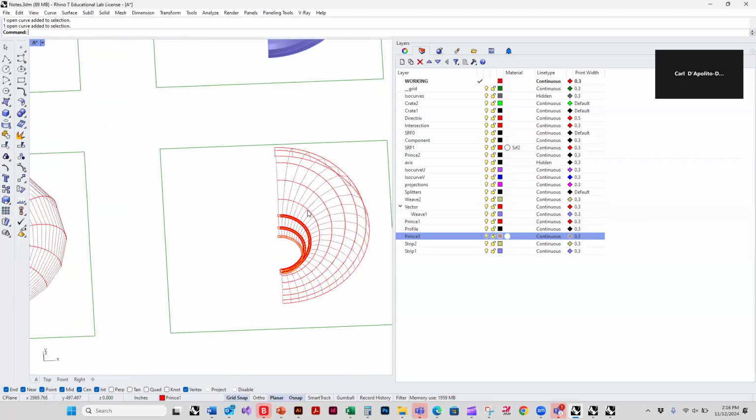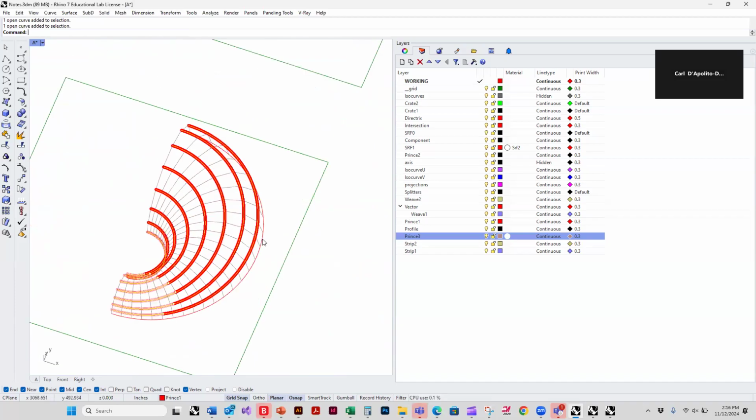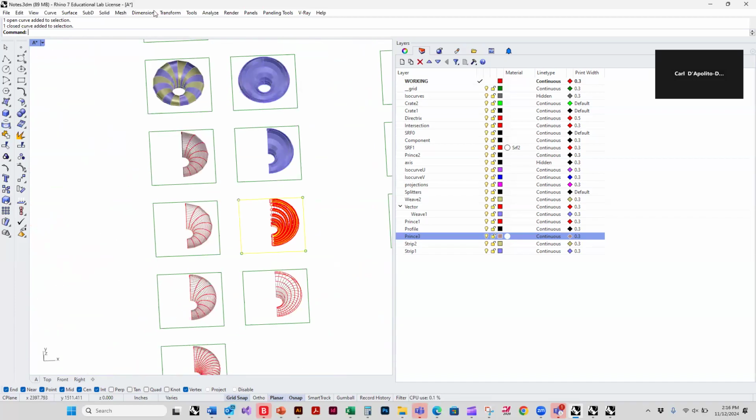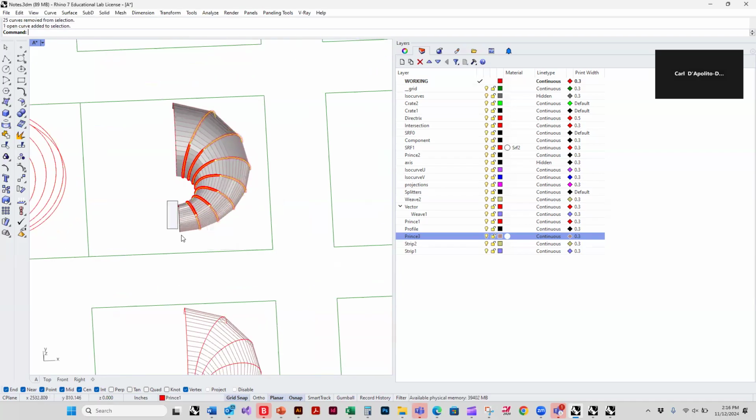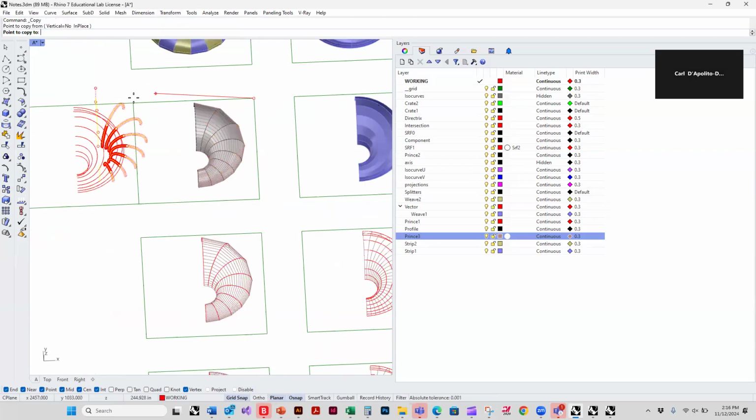So I tend to take one of the major sets of curves, the other major set of curves.